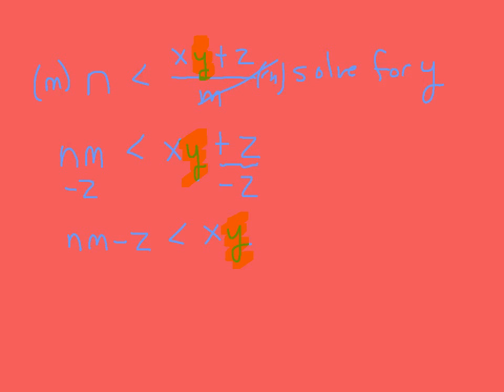So that means the x is going to move to the other side through division. So to finish, I have nm minus z divided by x is less than y. Again, not a very pretty answer, but it follows all the rules.